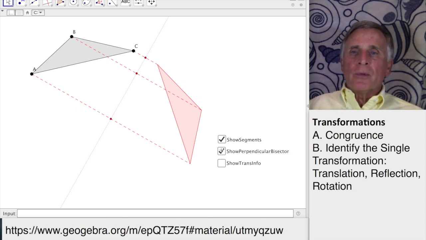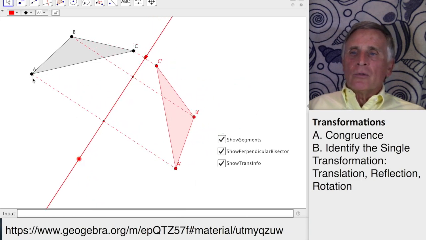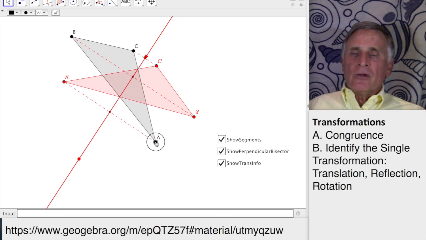We see that the midpoints are all collinear and the perpendicular bisectors are the same overlapping line. So now we know it's a reflection. Point B was at a right angle to the reflection line, and out the other side the exact same distance. This reflection line was movable, so let me move it to show you some variations. Points A, B, and C were also movable.